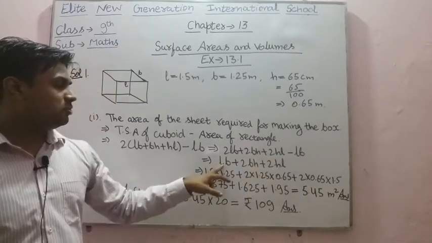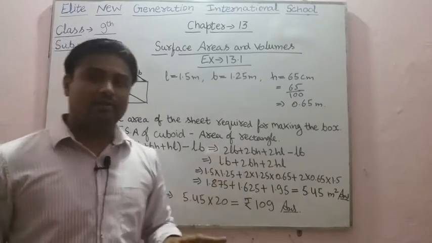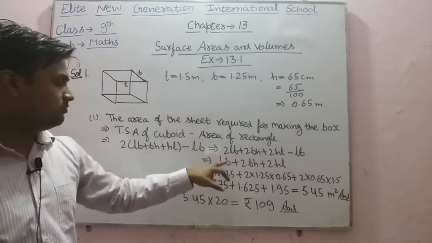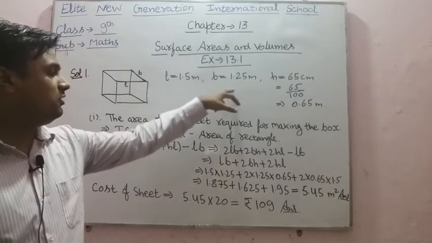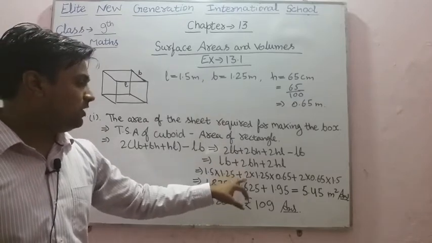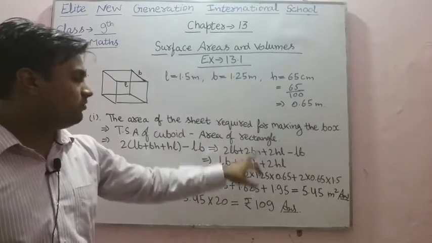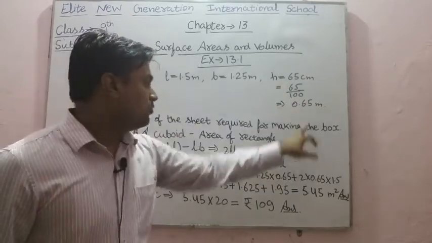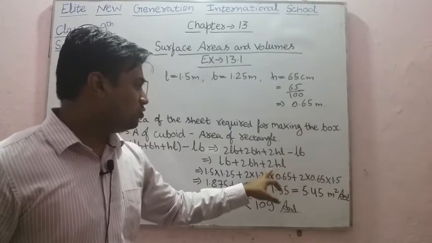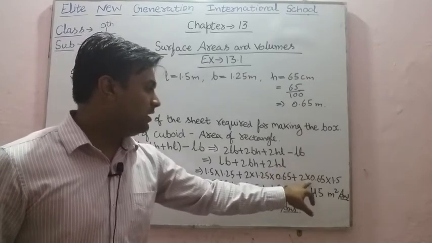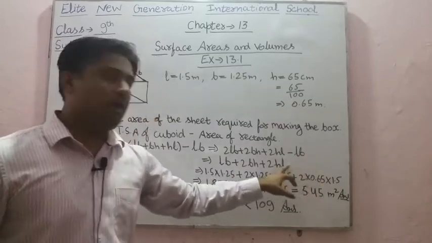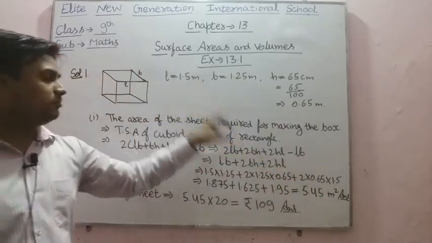Now we will put in the values of length, breadth and height. In place of L we put 1.5, in place of B we put 1.25, then plus 2 into, in place of B 1.25, in place of H 0.65, and plus 2 into HL, so 2 into 0.65 into 1.5.